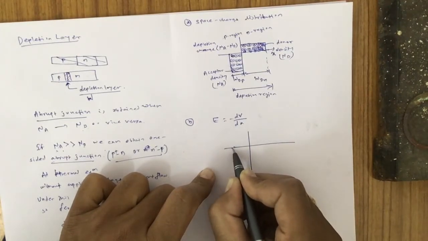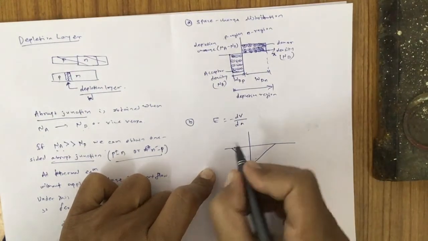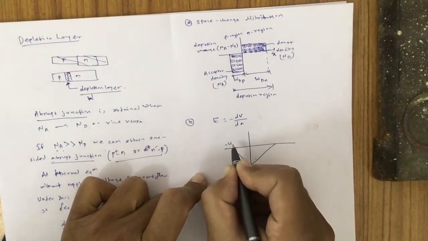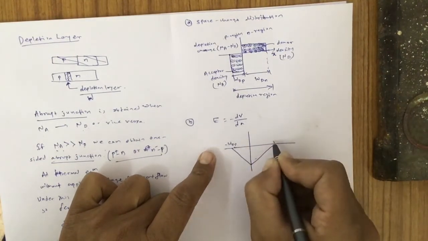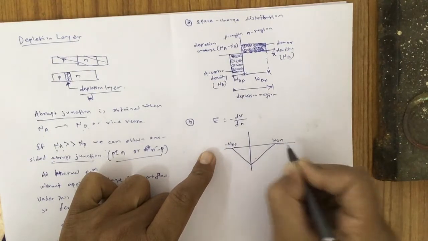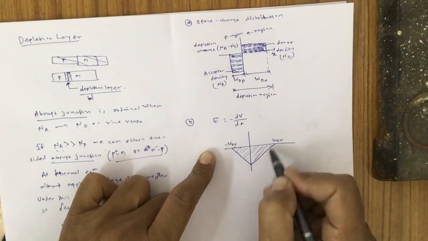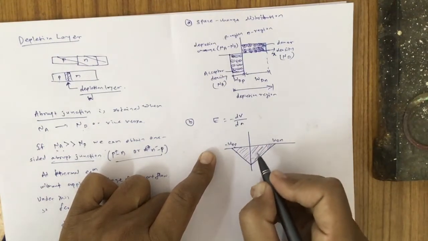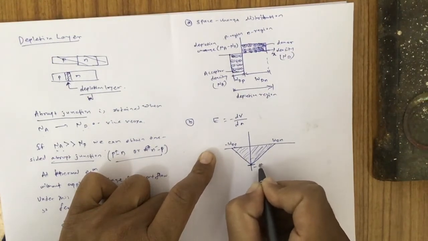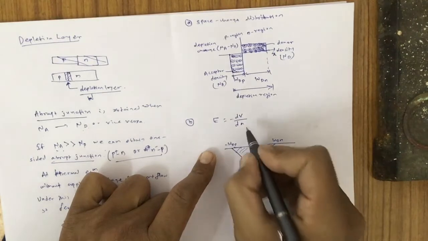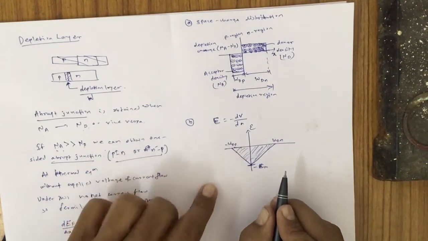The width of this depletion region is from minus WdP to plus WdN. I can shade this region to show that this is the electric field, so this is minus curly E, so that it will not be confused with the energy.